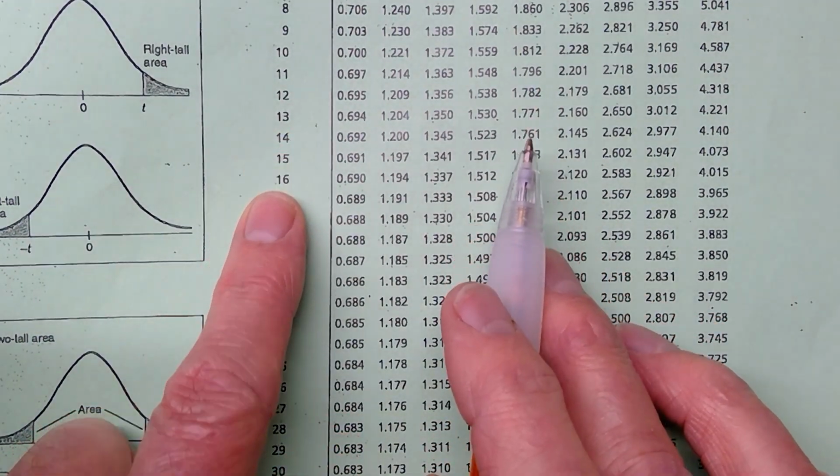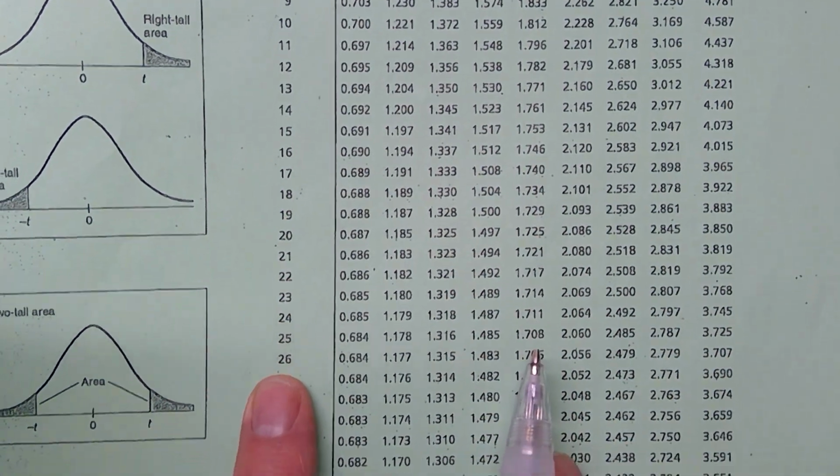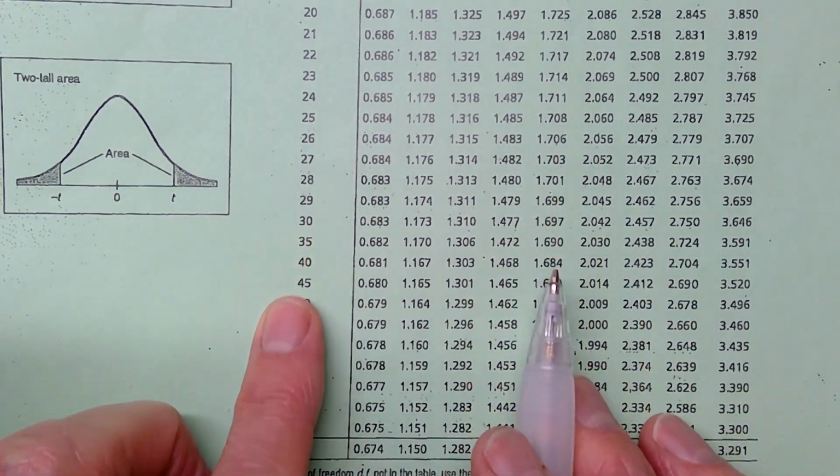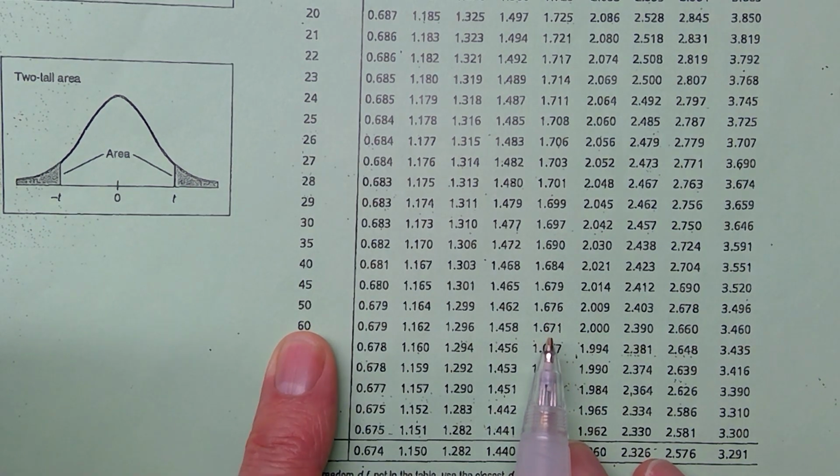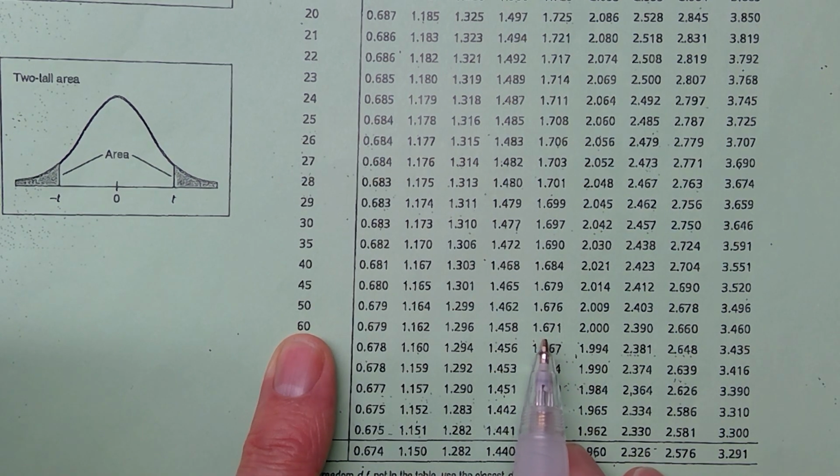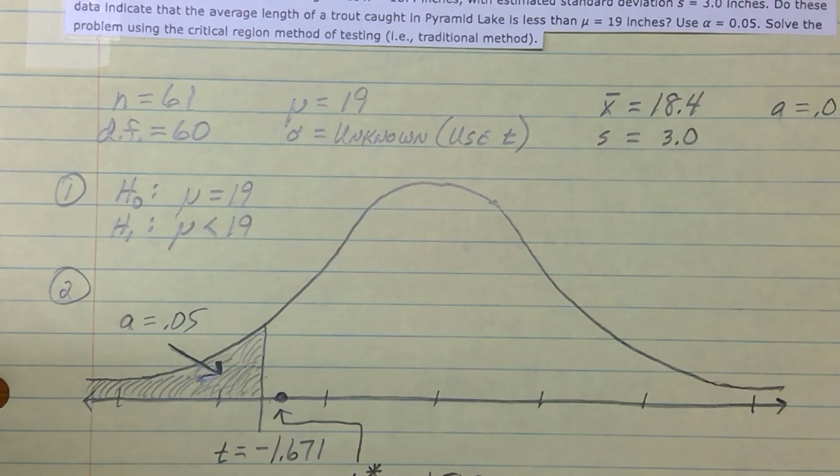And I want 60 degrees of freedom. So all the way down, down, down, down, down to 60 degrees of freedom means I start shading at 1.671. Now I'm on the left side of the curve, so I'm going to shade at negative 1.671. Okay, our table told us the number 1.671.